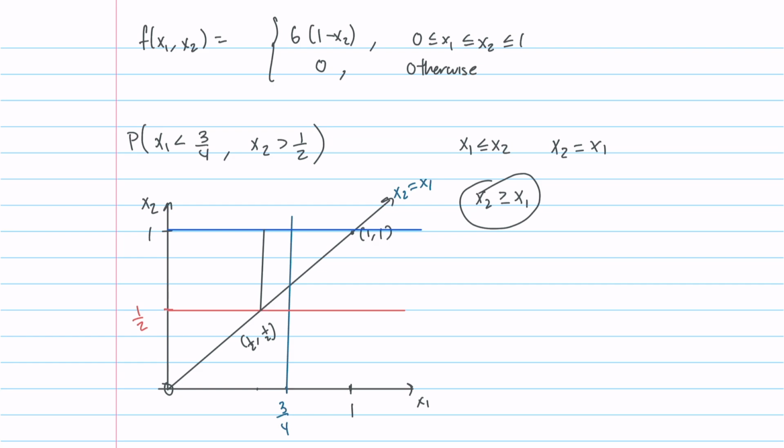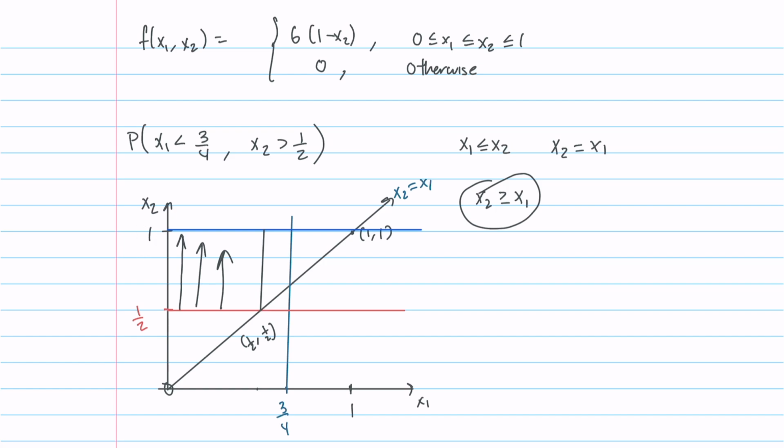The lower bound for x2 is going to be 1/2 and the upper bound is going to be 1 in this section here. So we go from here to here, and for this section right here, the lower bound is going to be this line here, x2 is equal to x1, and the upper bound is going to be 1.